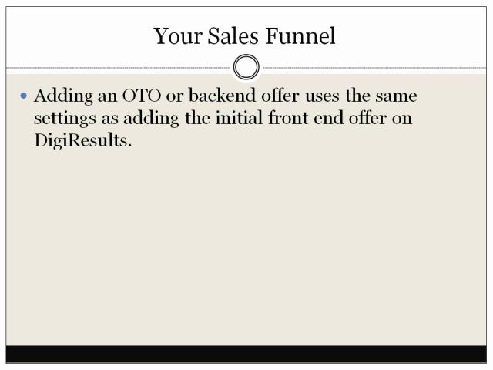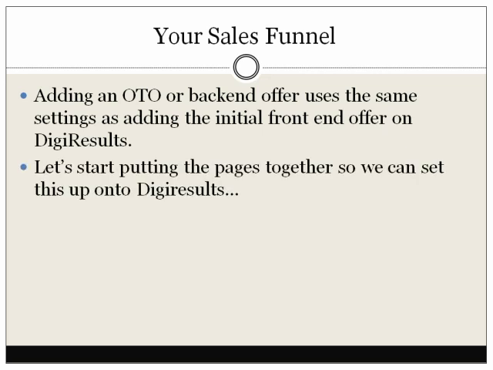So you will, of course, need to have an additional sales page and thank you page for each of those other one-time offers and back-end offer products. So let's go ahead and start putting the pages together so that we can set this up onto Digi Results. And that's what I'm going to discuss in the next video.